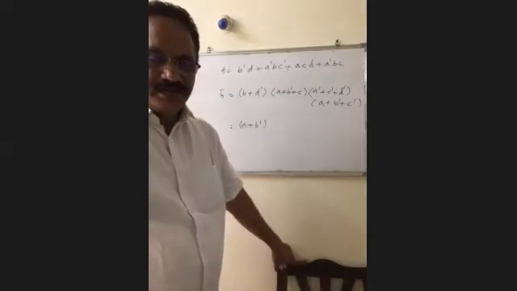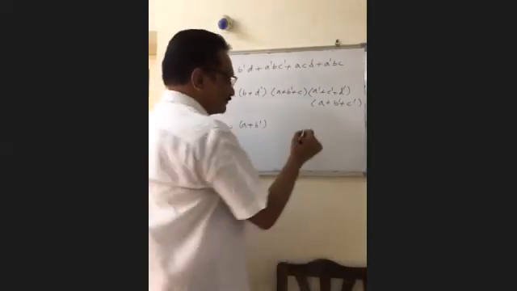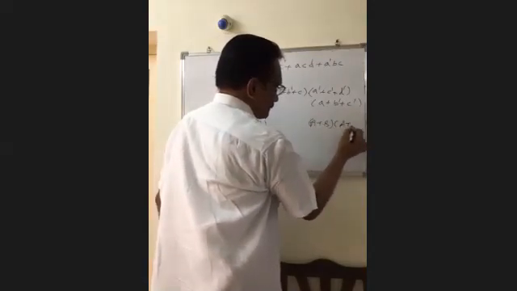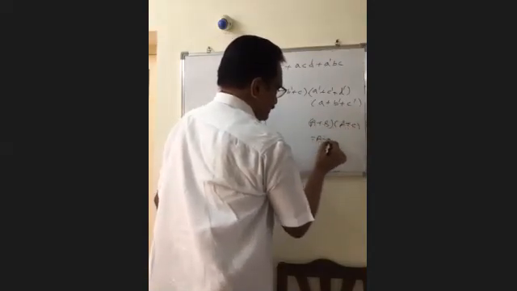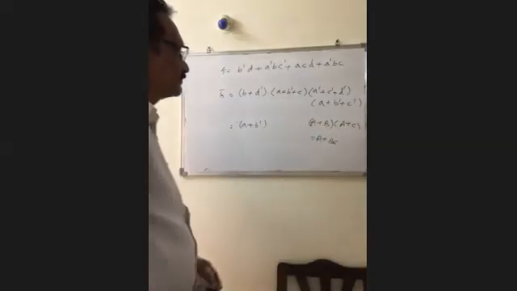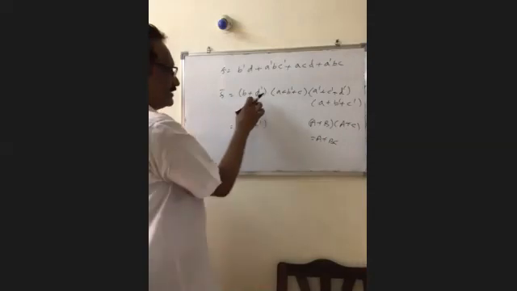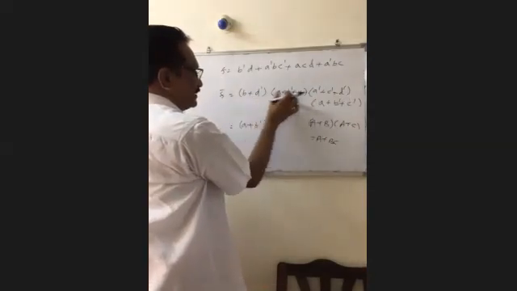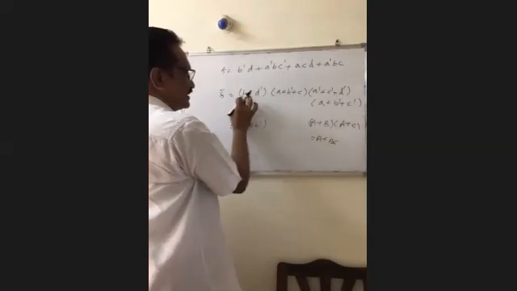According to the distributive law, (a plus b) into (a plus c) equal to a plus bc. So here, let d dash is equal to a, this one is equal to b and this one is equal to c.